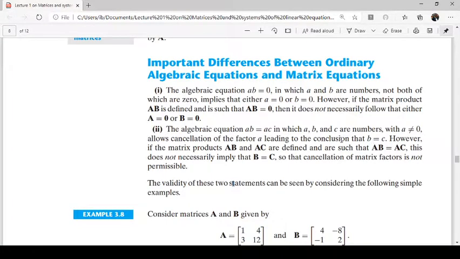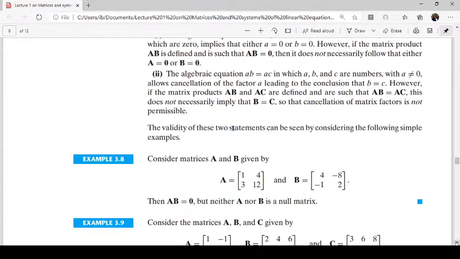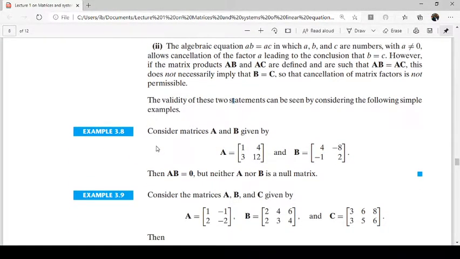Or from your basic knowledge, I can divide both sides by A, and I will have B equal to C. But this does not really apply to the cancellation of matrix factors, as you can see in elementary algebra. Let me explain that with this example.